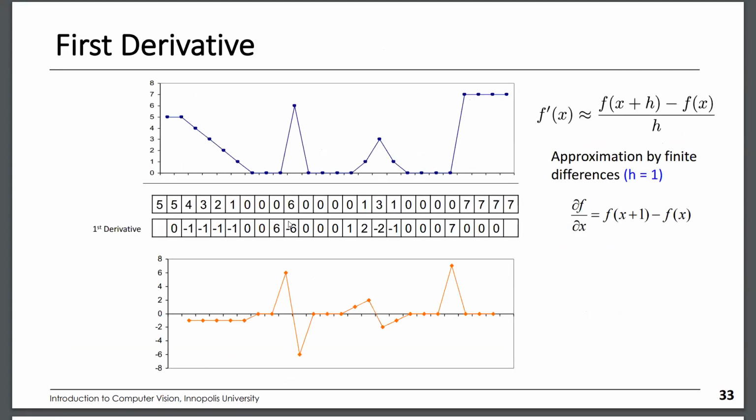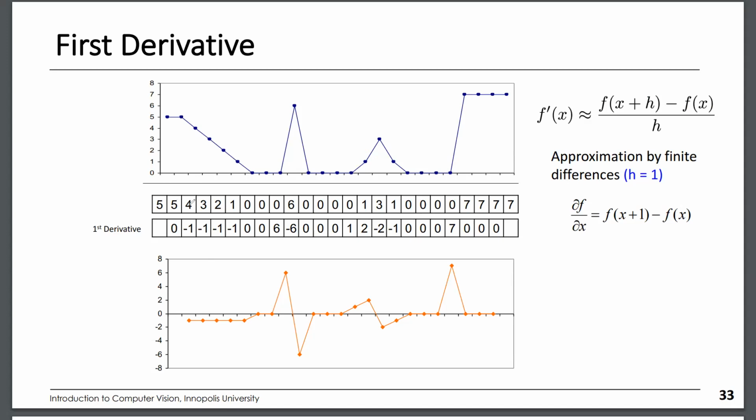I think we don't really need to go through all of this, but we could do one calculation together, right? Here we have the approximation by finite differences with h equals 1. In this case, I think they're going to use the forward method. So here we have 5 minus 5 divided by 1, which is 0.